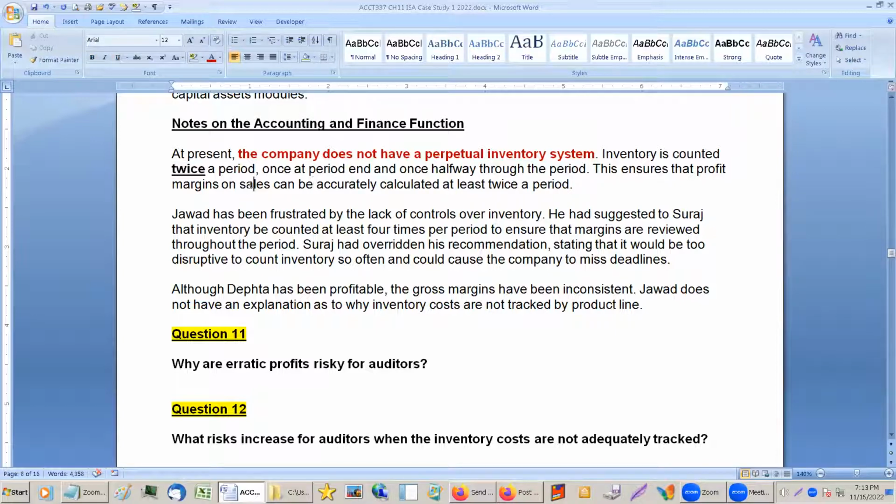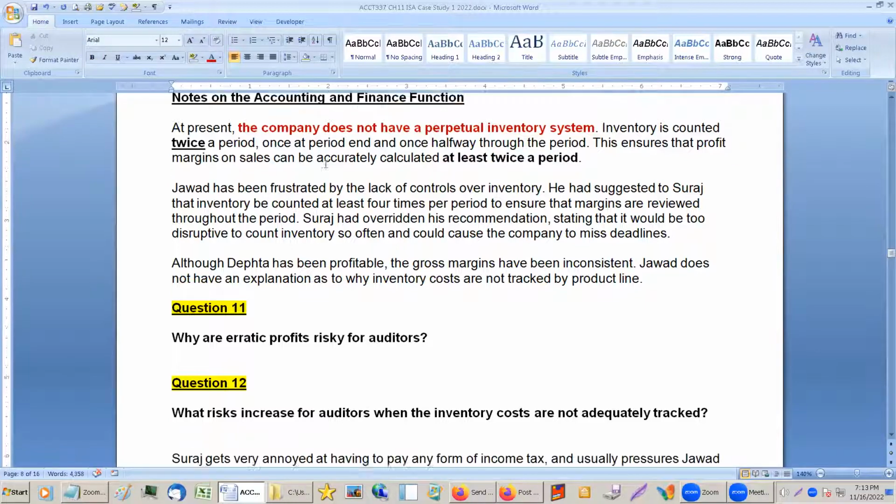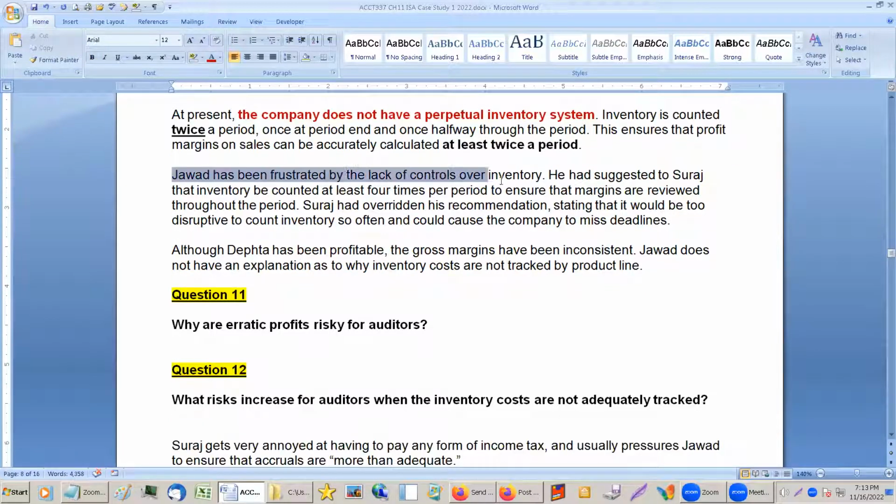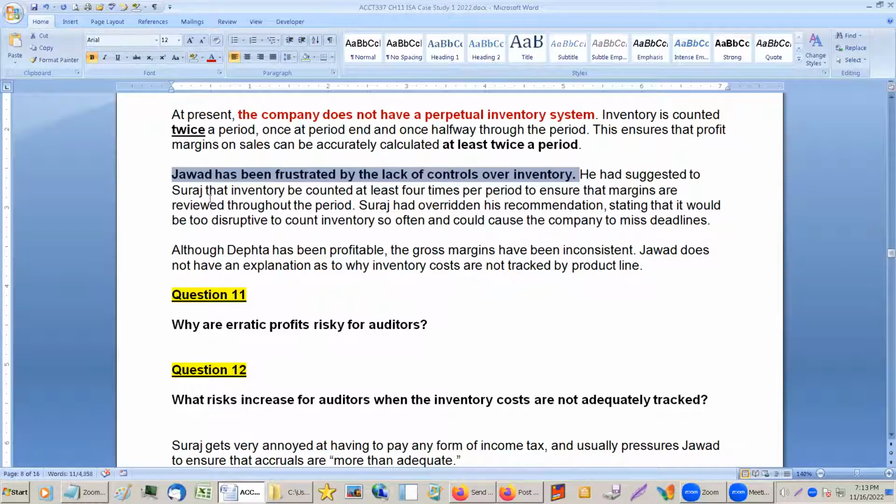This ensures profit margins on sales can be accurately calculated at least twice a period. Dwight has been frustrated over the lack of controls of the inventory and suggested the inventory be counted 4 times.